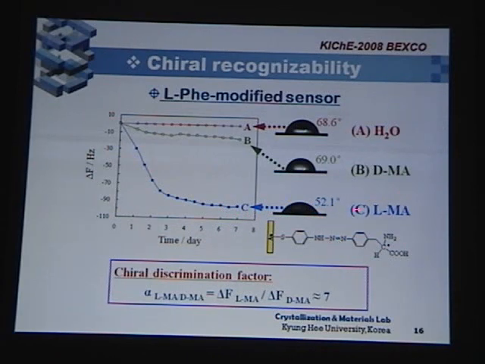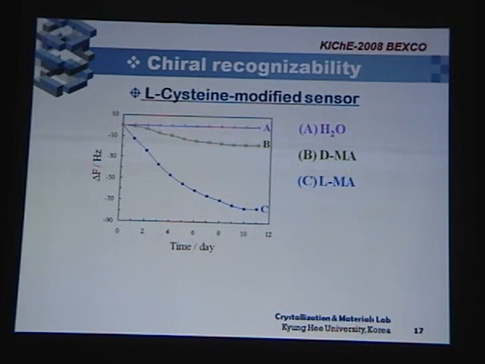This is due to the L-mandelic acid aggregating on the sensor surface, which increases the hydrophilicity. And this is the chiral recognition result obtained on the alpha-spin modified surface.